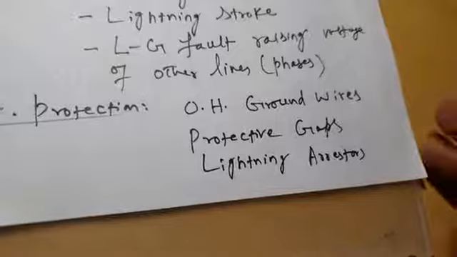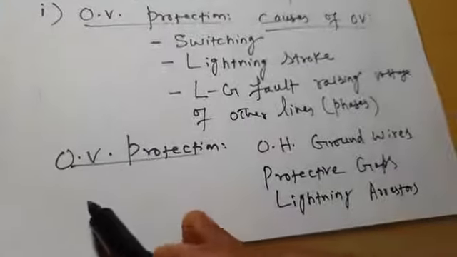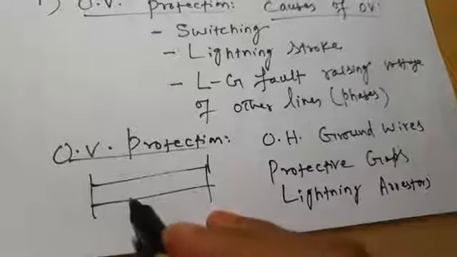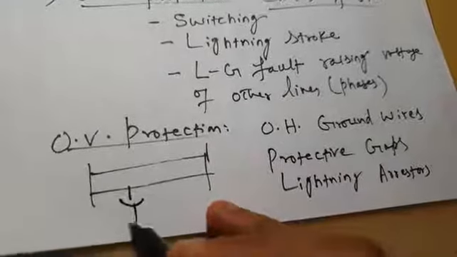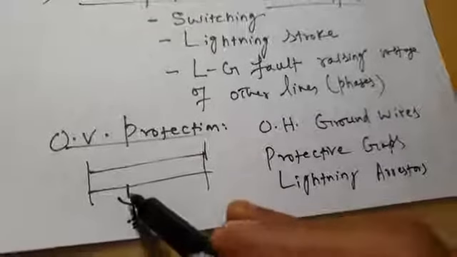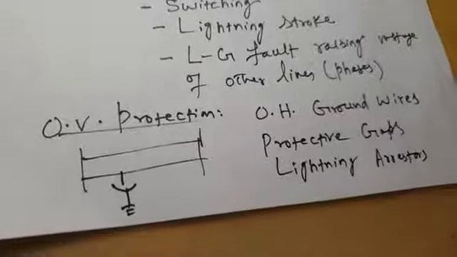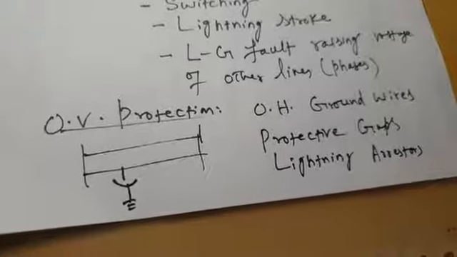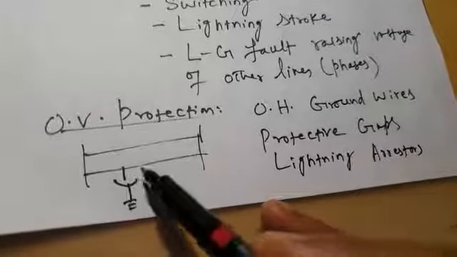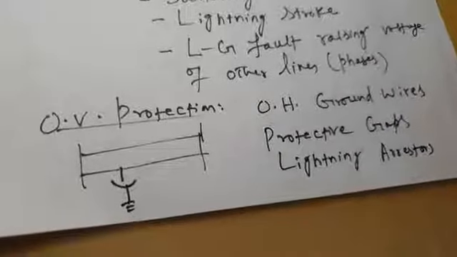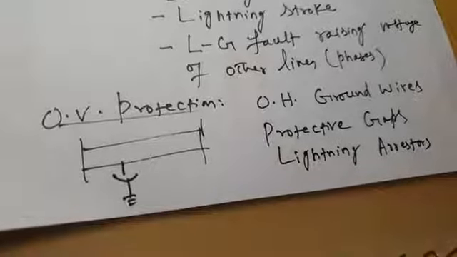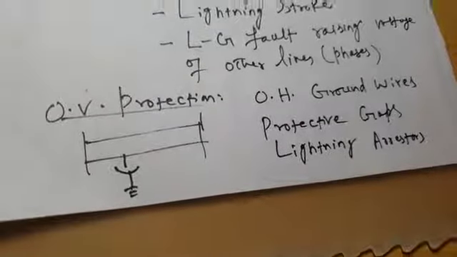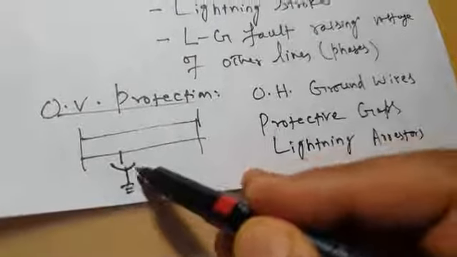Now, as far as these protective gaps are concerned, I can show you the protective gap like this. This is an AC system. This is the schematic diagram of the protective gap. This is the symbolic representation of the protective gap. There is a gap between these two. Whenever an overvoltage occurs on, say, this line, because of line to ground fault on another phase, or because of lightning strike, or because of inductive or capacitive switching, the overvoltage ionizes the air in this gap.